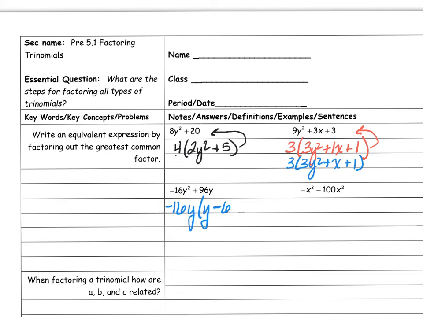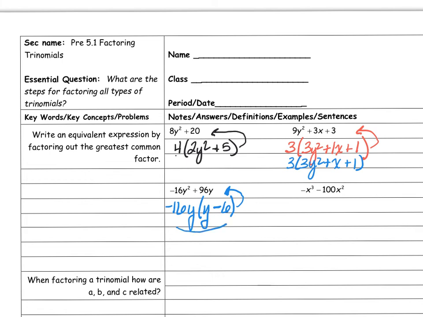But I always try and go with the biggest numbers first. And if I take a y out of y, then it's just negative 6. So if I multiply it back, negative 16y times negative 6 gives me positive 96y. So I should get this back again. I can always check my work, because I can always multiply this part out again and make sure I get the original problem.